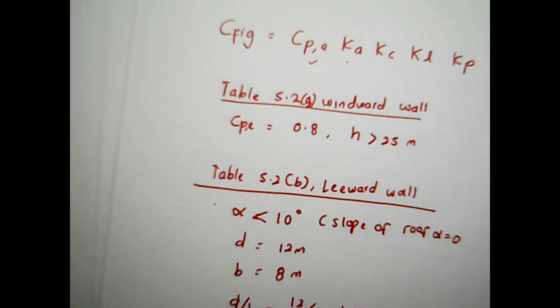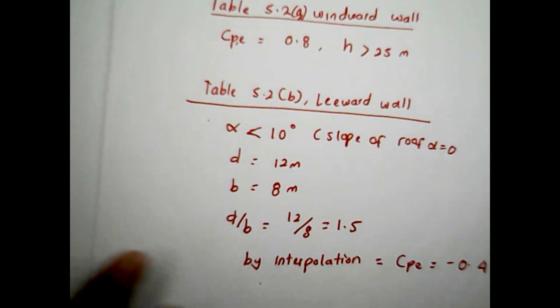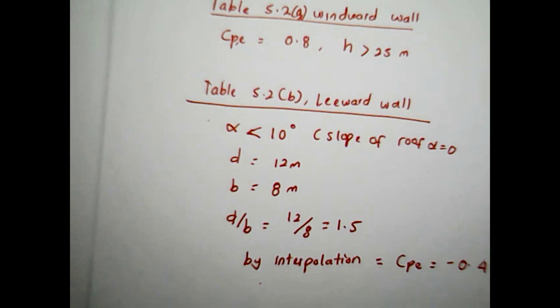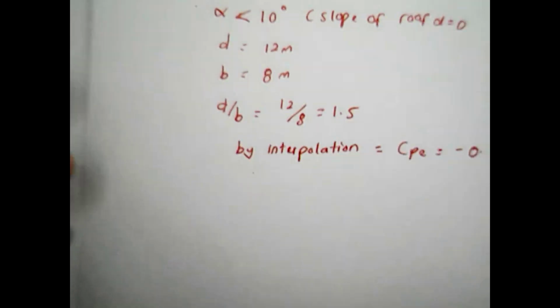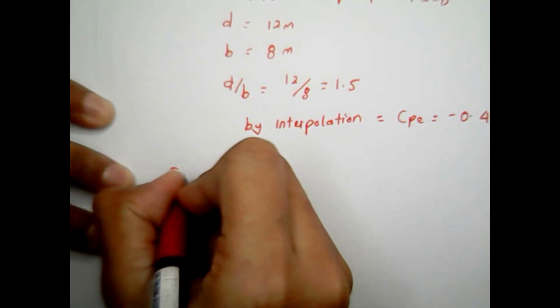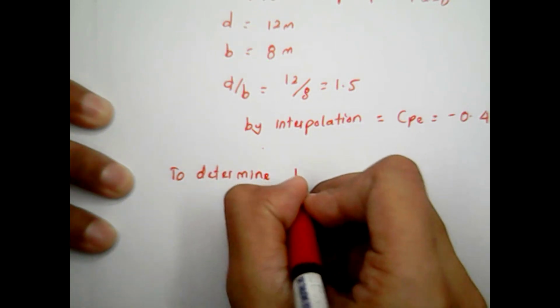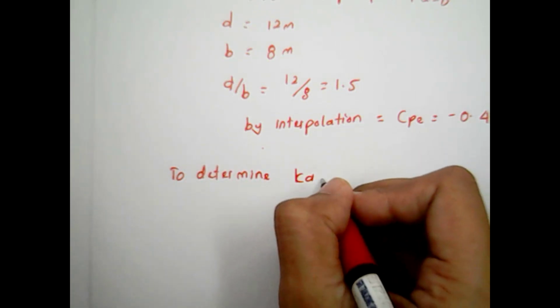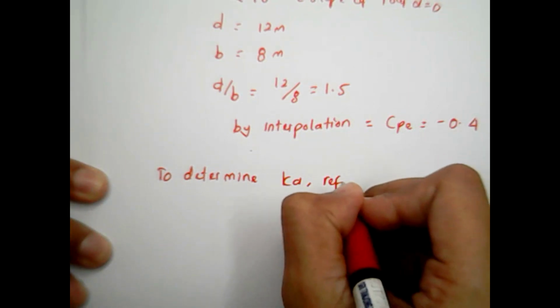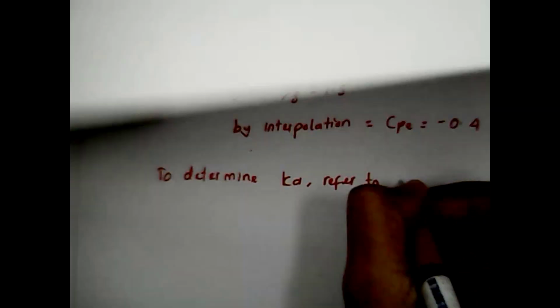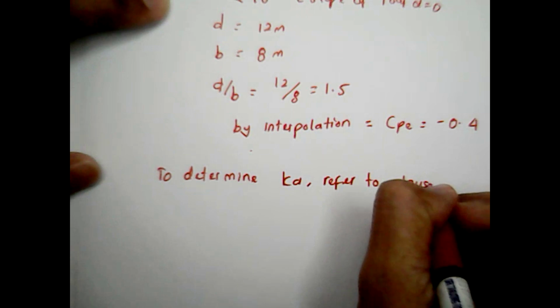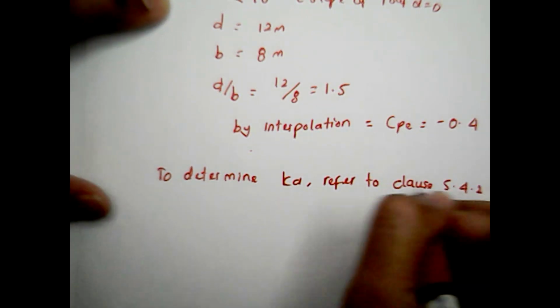Alright? Okay, so now let's look at KA value. To determine KA, we look at clause 5.4.2. Okay, so refer to clause 5.4.2.